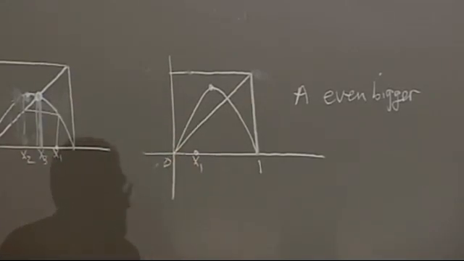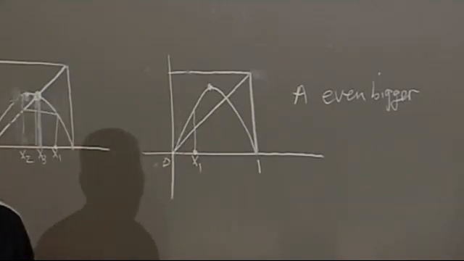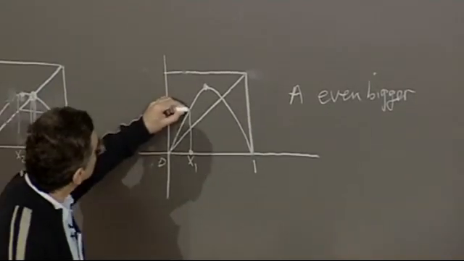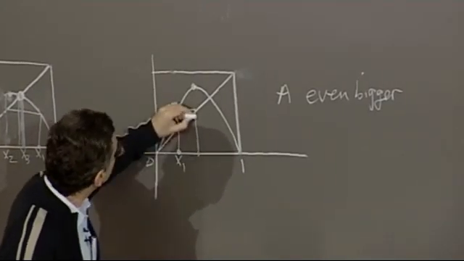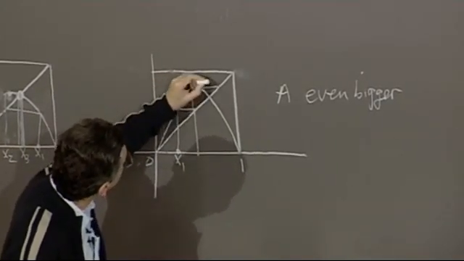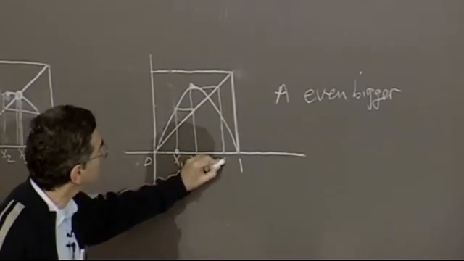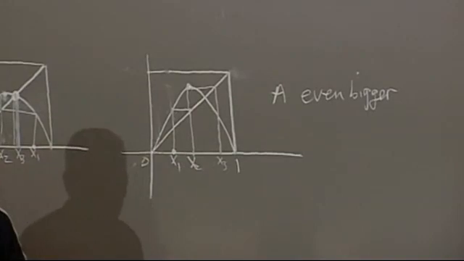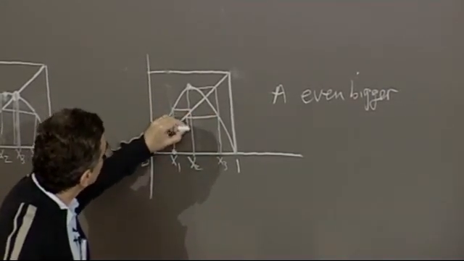And let's play the game again. x1. We go up to the curve, right? We go across to the diagonal and down again. Up to the curve, across to the diagonal and down again. So this is x2, this is x3. And let's keep playing. Up to the curve, across to the diagonal, down again.